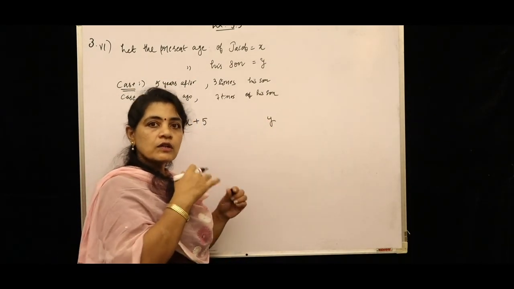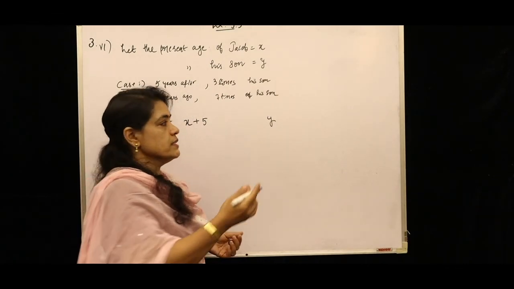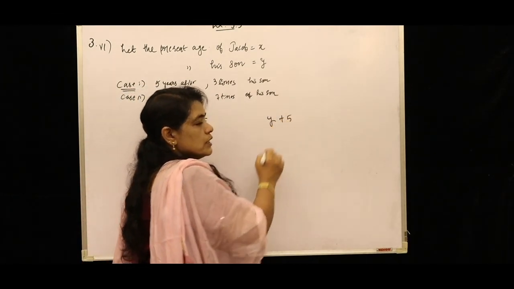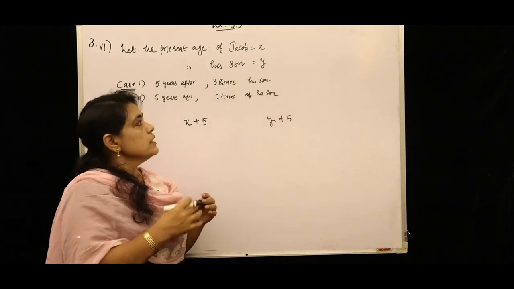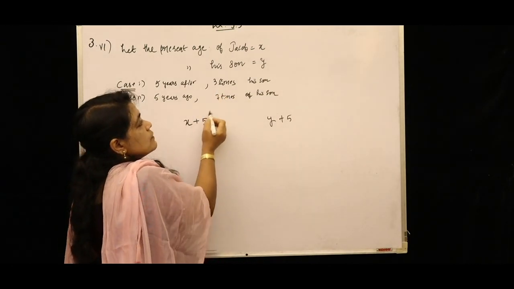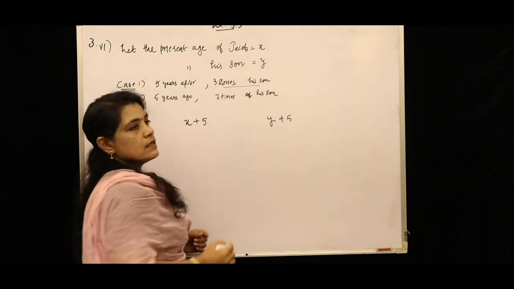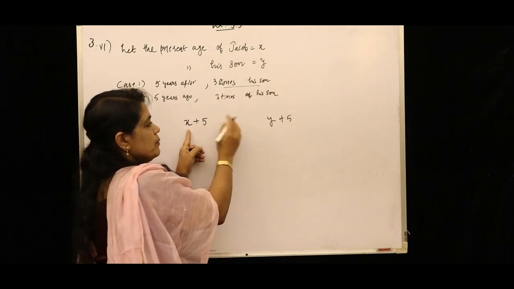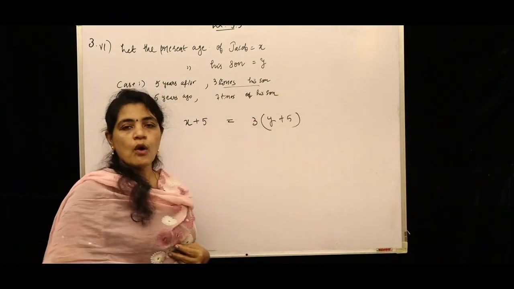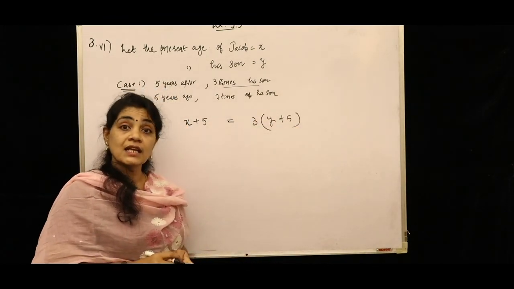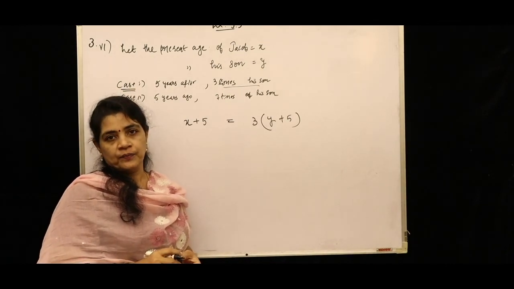After 5 years, automatically both ages change, so we have to add 5 to both ages. Under this condition, how are they connected? Jacob's age is 3 times his son's. This will be equal to 3 times, means into, his son's age. So that means 3 into y plus 5.